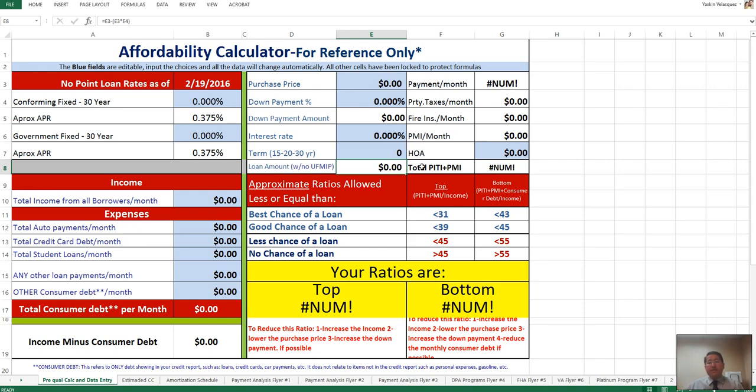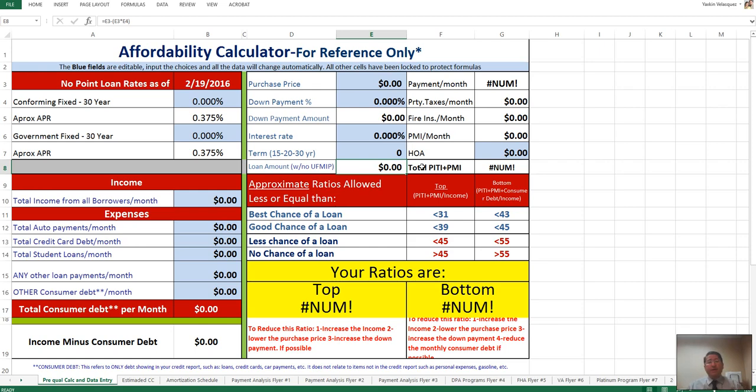So the government says we believe that if your mortgage payment does not exceed 45% of your gross income, then you should be okay. And this is the gross income of everybody who's going to qualify for the loan, because you can have multiple people qualifying for the loan. So that's the first ratio.